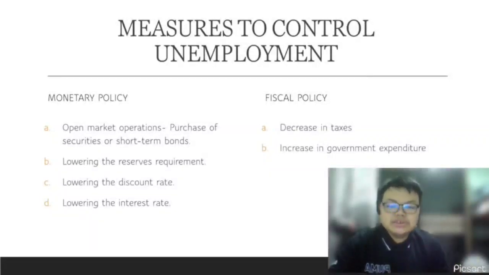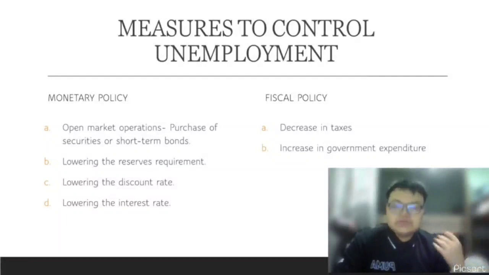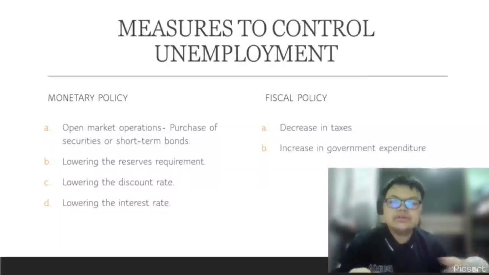This action from commercial banks will reduce the level of savings and increase the purchase of goods and services by the public. For example, a reduction in the interest rate on fixed deposits from 10% to 4% will result in consumers saving less and spending more.